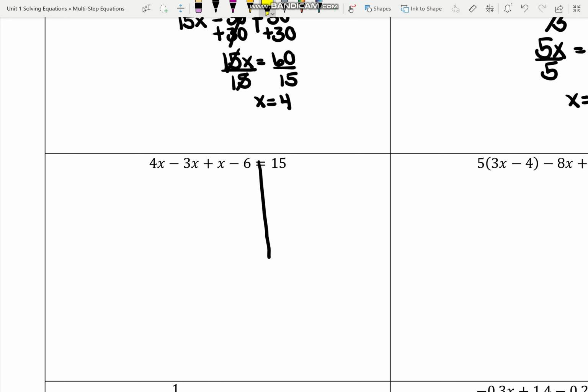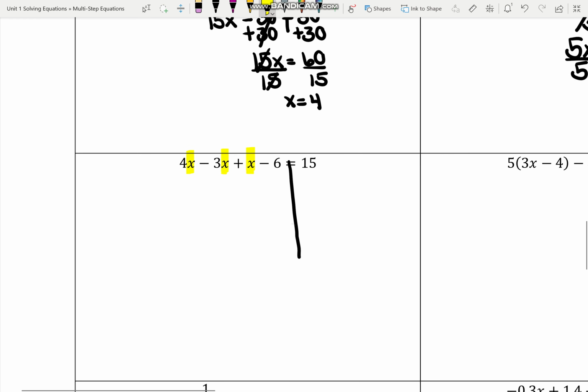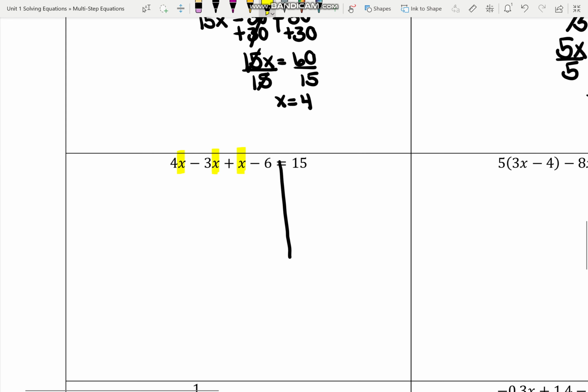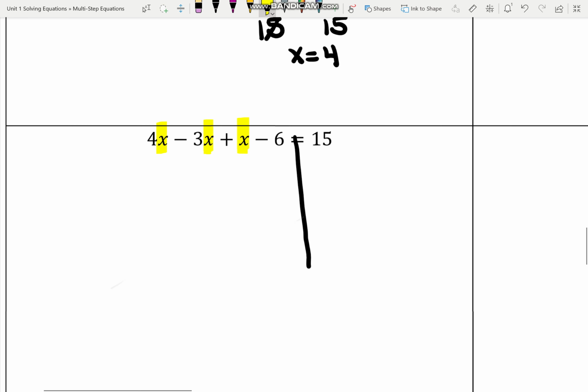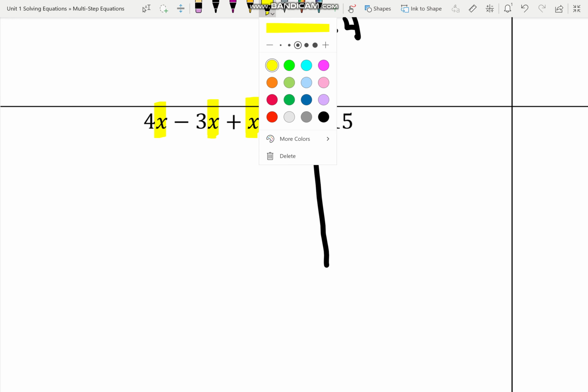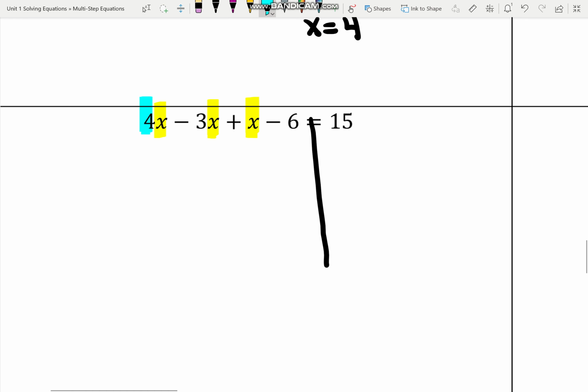Let me zoom in on this a little bit, in a different color. And I have a 4 here, and I have a minus. I can actually put a 1 here. And then I can add 4 plus negative 3, or 4 minus 3, which is 1, 6 equals 15.